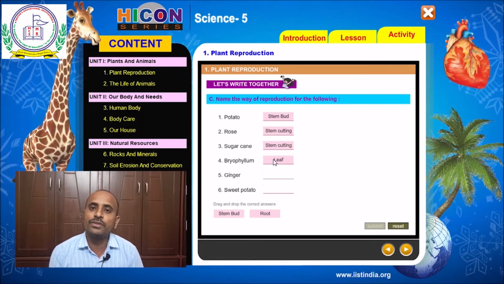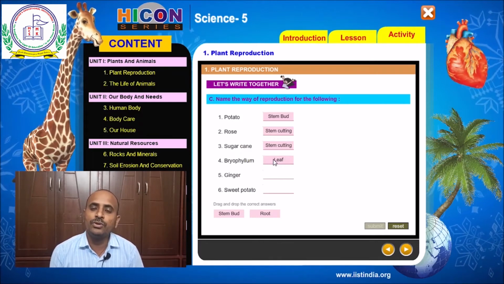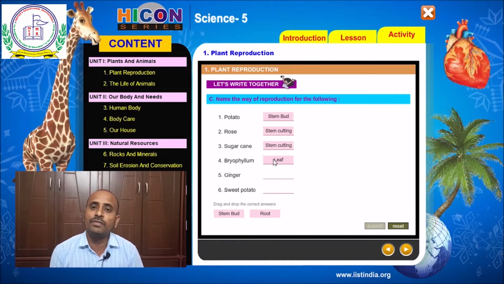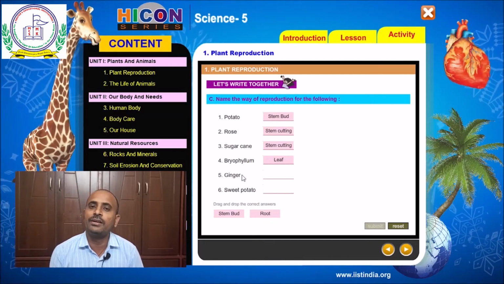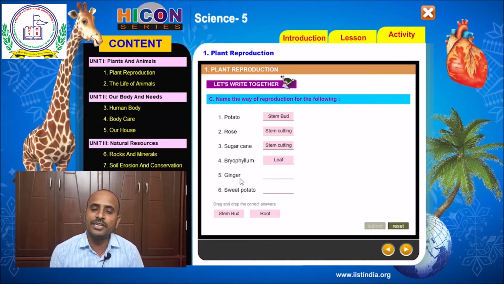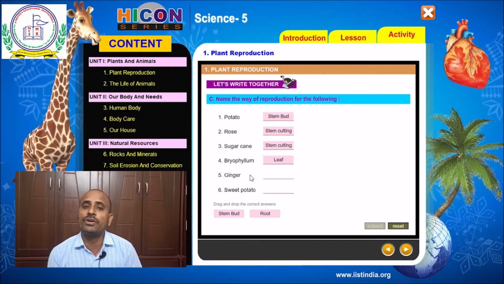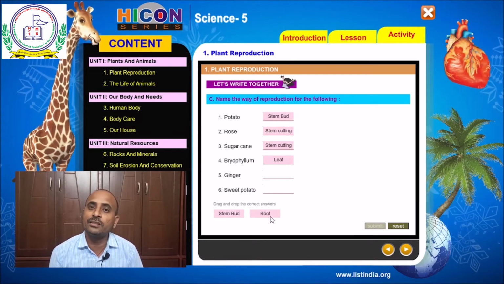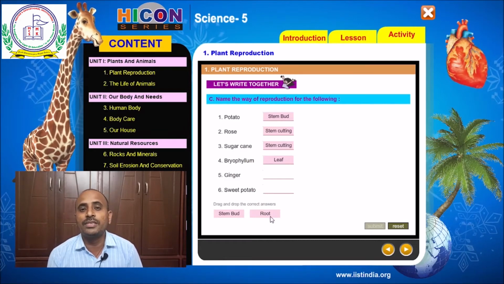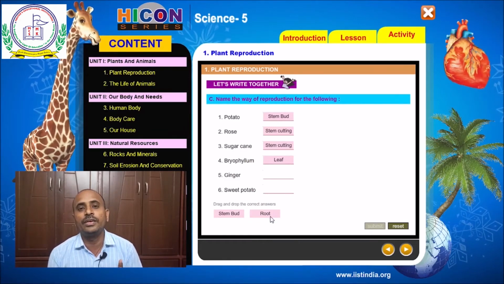Next, the fifth plant is ginger. In what way does ginger reproduce? Ginger is a root plant. That means ginger is produced from the root of a plant. The root of ginger is very thick because it stores food.